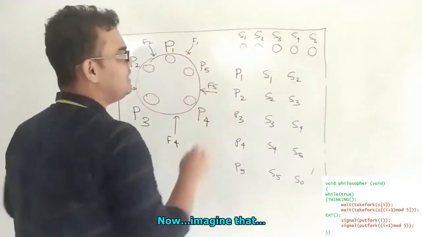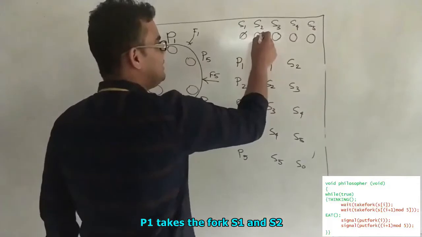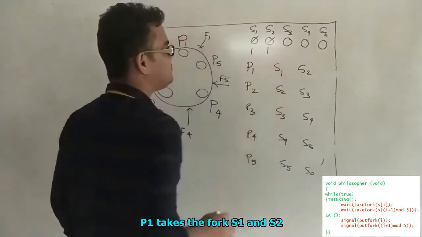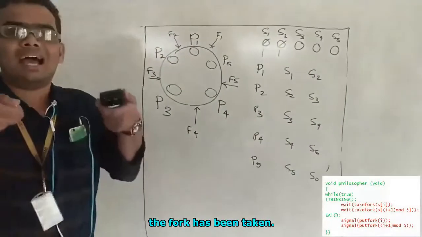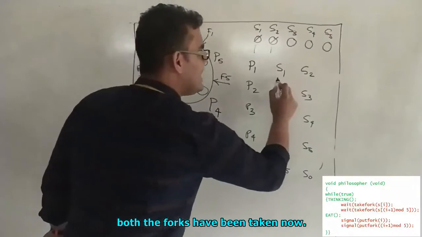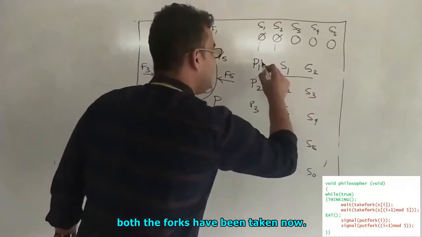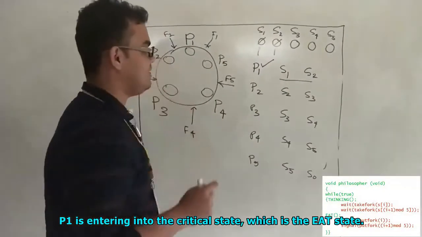Now imagine that P1 takes the forks S1 and S2. Now the values are changed to 1 because the forks have been taken. Because both forks have been taken, P1 is entering into the critical state, which is the eat state.